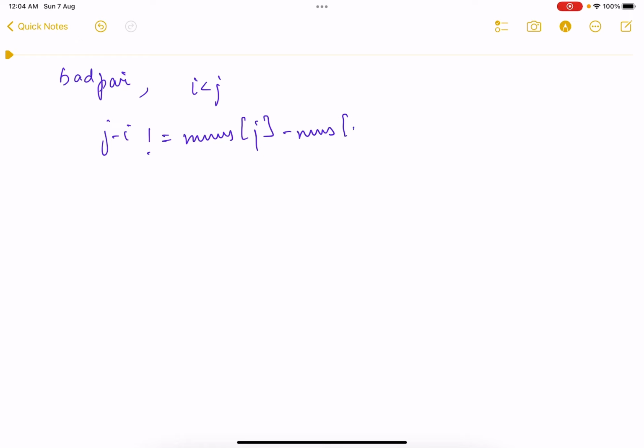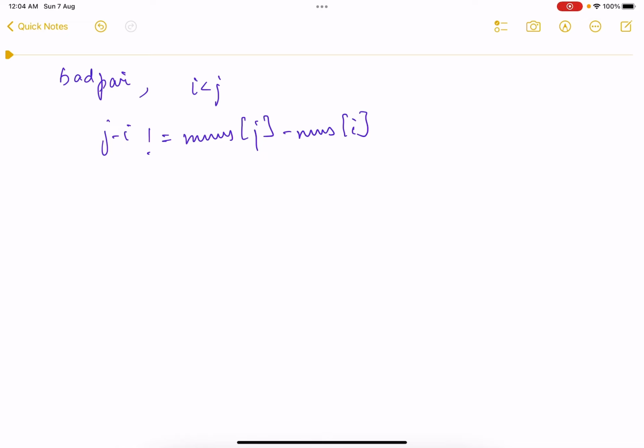The definition of a bad pair is that if i is less than j, and j minus i is not equal to nums of j minus nums of i, then it's a bad pair, right? Let's try to modify this equation.